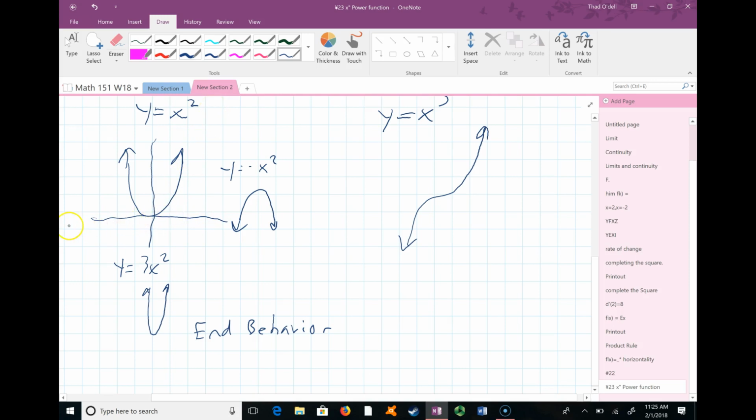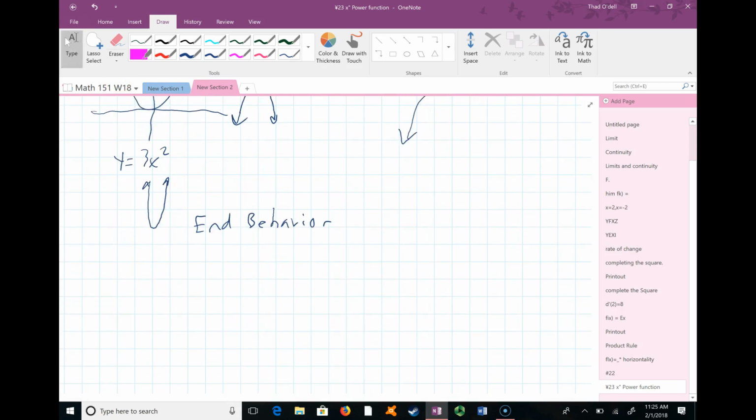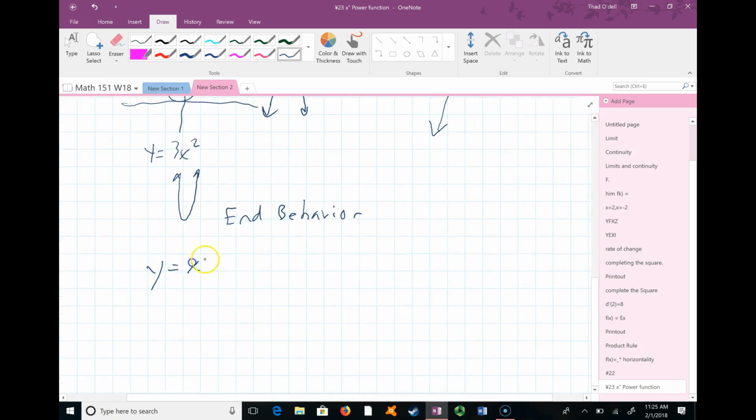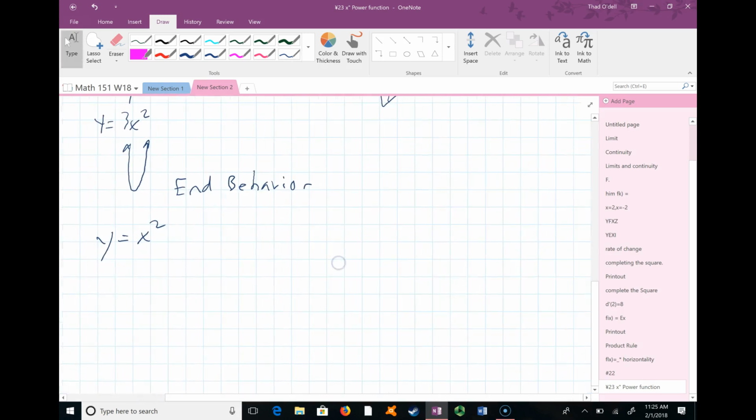As we go way out to the left, in other words, as x is getting bigger and bigger negative, the y values are getting bigger and bigger positive. So the end behavior, if we're talking about just plain old y equals x squared, and this is the way we formally write it: what's the limit of x squared as x approaches infinity?